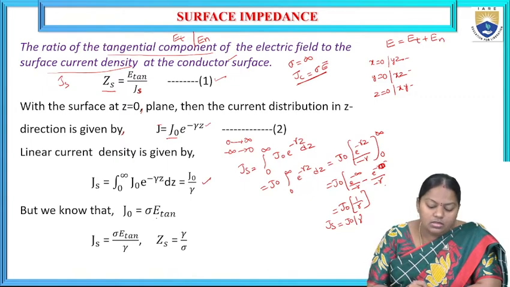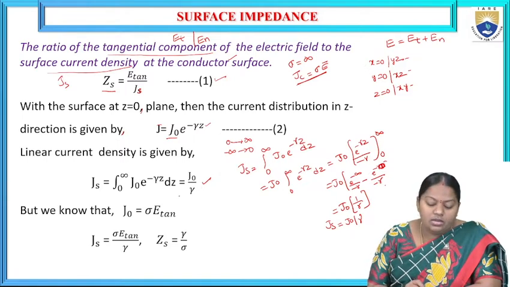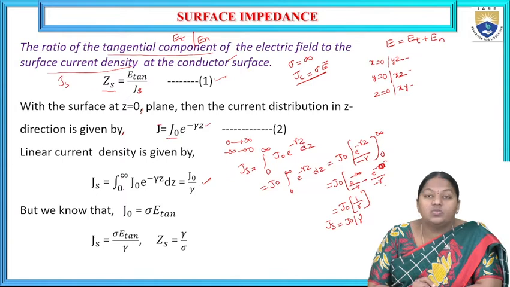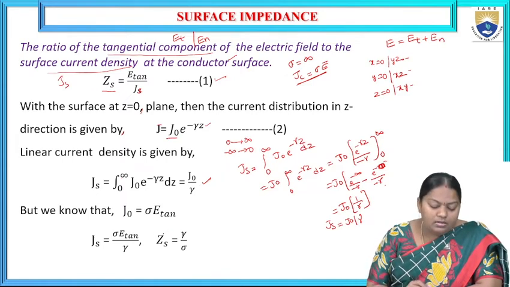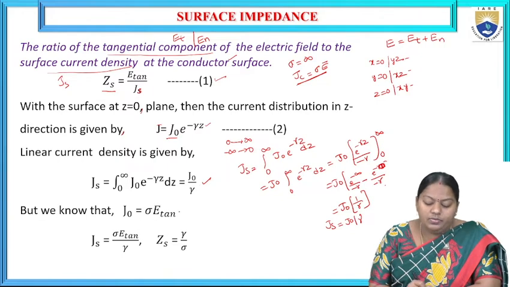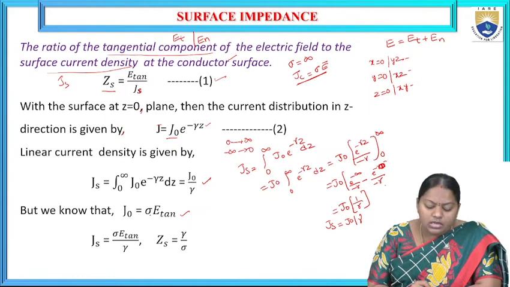So the surface current density Js is equal to J naught by gamma, as we have integrated with respect to the range 0 to infinity. But we know that J naught, according to the conduction current density in a conducting medium, is given by sigma into E tan, where sigma is the conductivity of the medium and E tan is the tangential component of the electric field intensity.